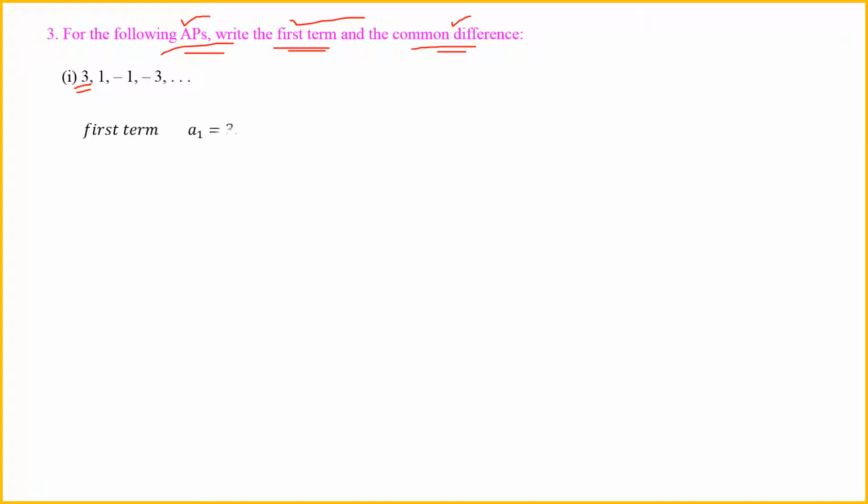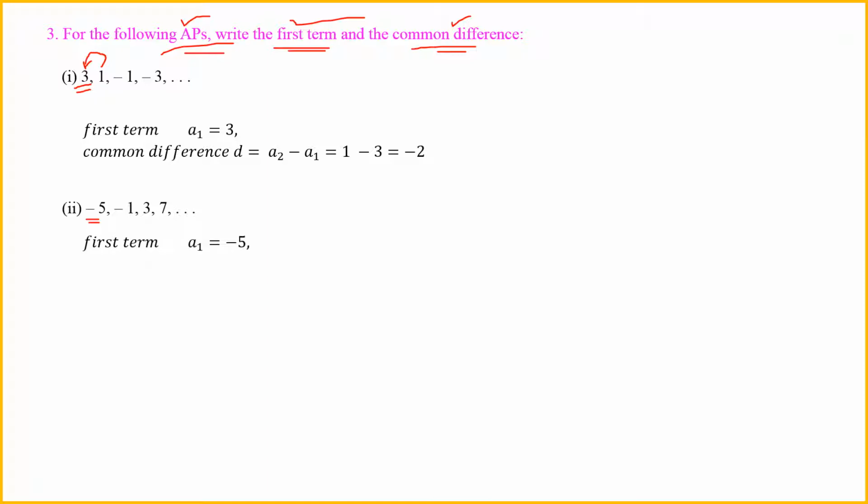The next main question, for the following AP, write the first term and the common difference. In the previous question, they had given the first term and common difference, and asked us to write the AP. Here it is just reverse. AP is given, we are supposed to find the first term and the common difference. The first term is always the initial number, it's 3 for this progression, and for the difference, we take the second number, subtract the first number, we get -2. Then coming to the next question, -5, -1, 3. As we know, -5 is the first term.